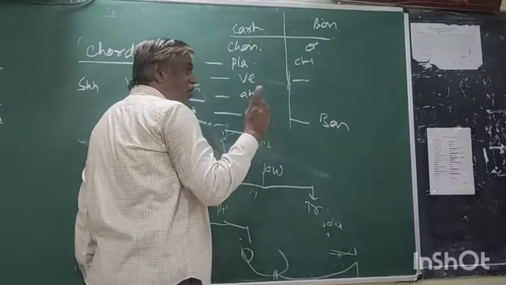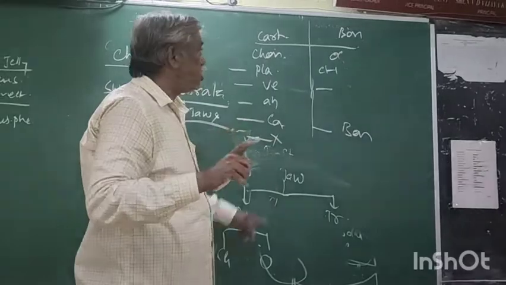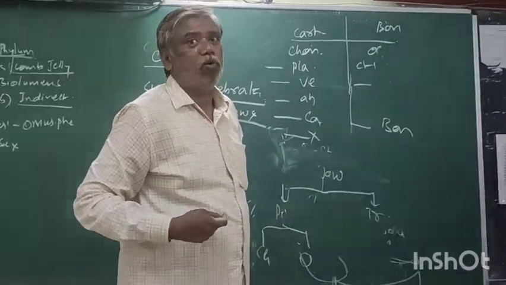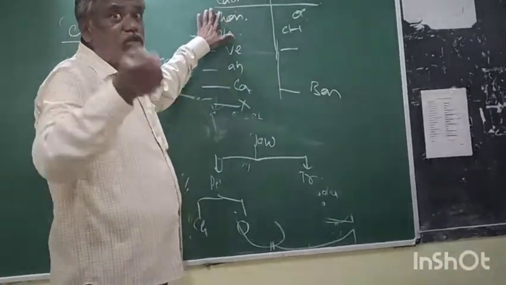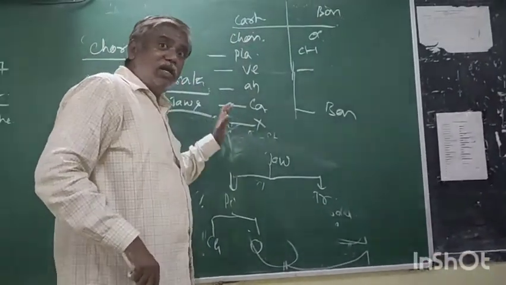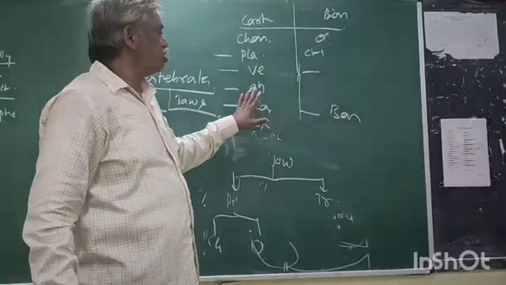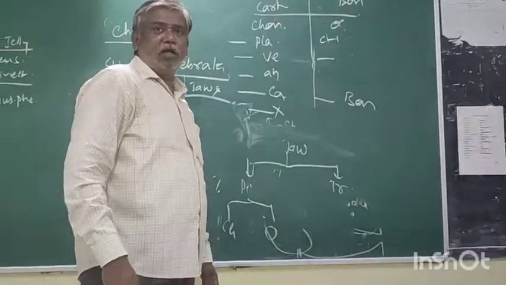Notochord is present. Even though it is a vertebrate, we are also vertebrates. Why are we vertebrates? Backbone. The notochord is replaced, but in adults both are there. This is one of the important features.